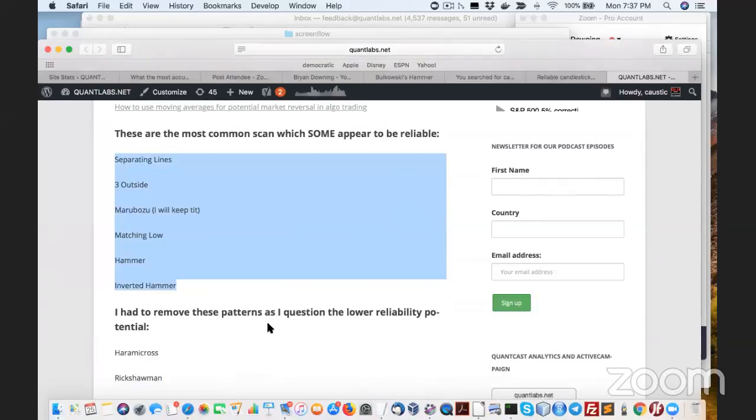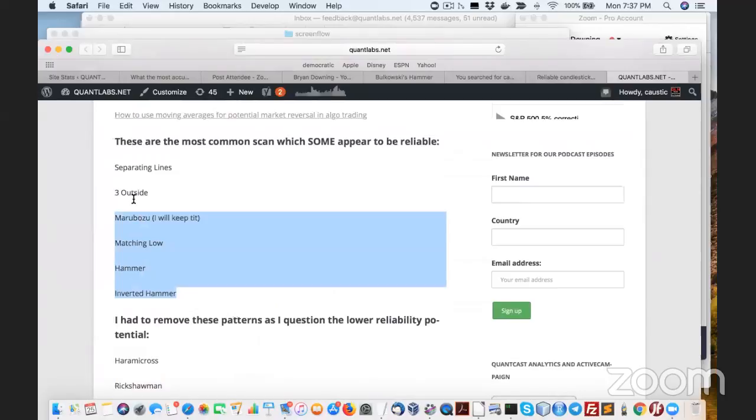And part of the problem was, because markets move in this random walk, it's very tough to figure out what will work consistently. And the ones that seem to work really well are the moving averages, as I showed you earlier. But then we have all these new tools that we can use combined to help us gauge if we have a real market reversal on our hands. So these 6 that I've come across are not only common, but they have some potential to work.